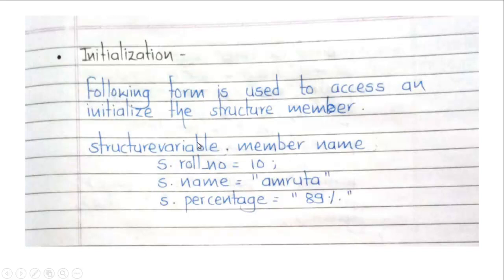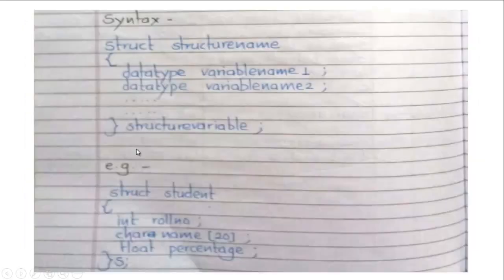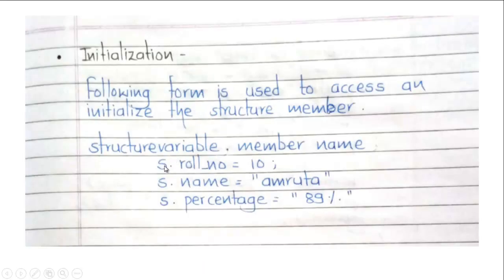For example, in the previous example I created the variable s. s is the structure variable, so s dot roll number is equal to 10. I have initialized the value 10 to this roll number. Then s dot name is equal to double quote Amruta. So I have assigned the name Amruta to this name variable.